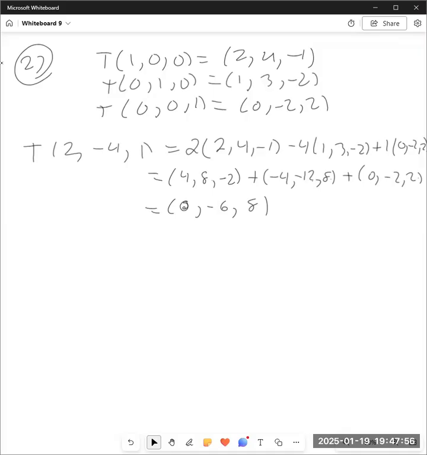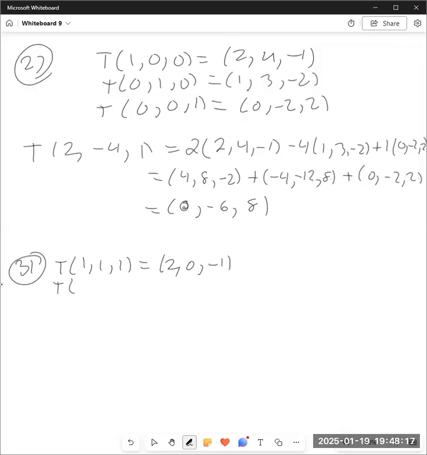Let's go on to number 31. Which says that T of [1, 1, 1] is equal to [2, 0, -1].